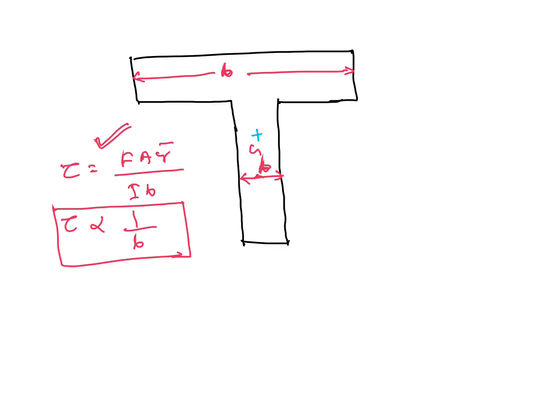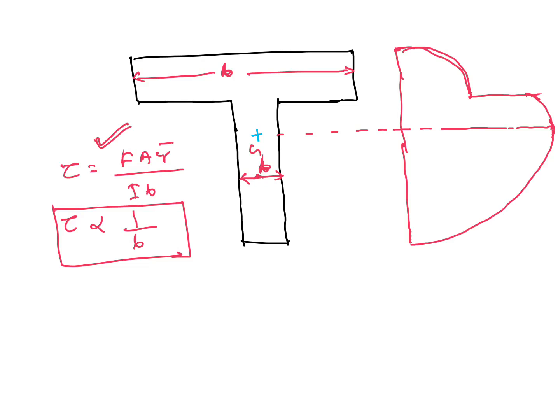From 4 options, shear stress diagram they will give. From 4 options, you will get somewhere in this area with less shear stress, and after that shear stress will increase. Here it is maximum. So see, here width is more from here to here, so shear stress is less. Like that you have to choose from the options.